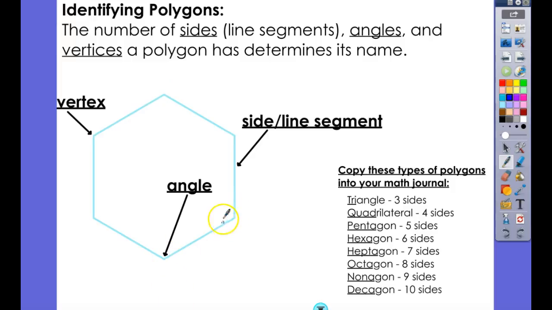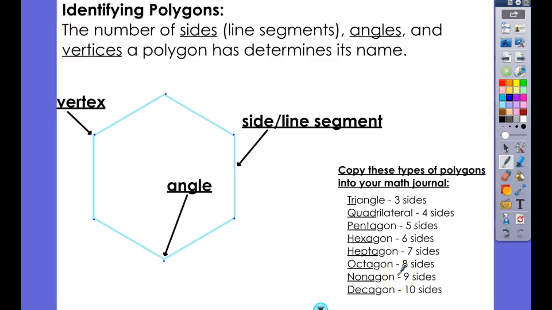It has 1, 2, 3, 4, 5, 6 angles, and it has 1, 2, 3, 4, 5, 6 vertices. So if we're looking at our polygon list here, we're going to look at the one that has 6 sides, and this is actually a hexagon. So a hexagon has 6 sides, 6 angles, and 6 vertices in it.